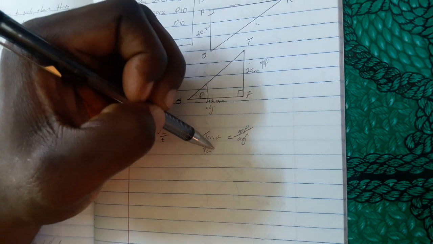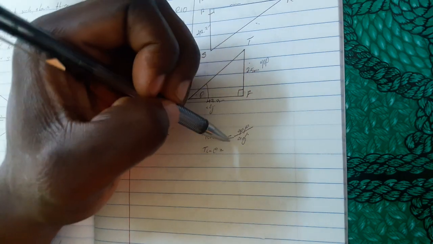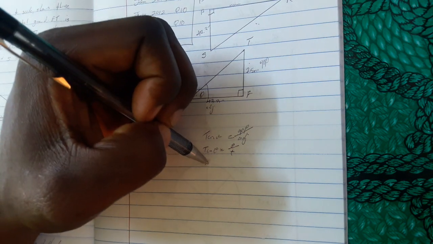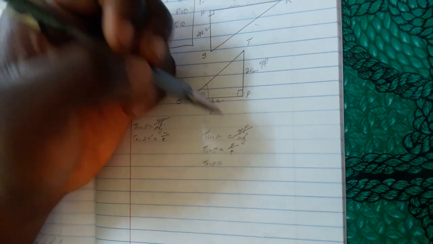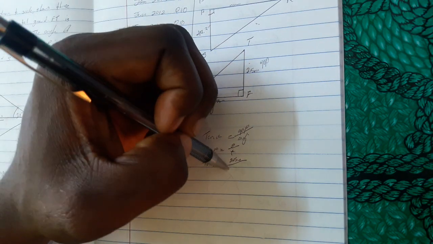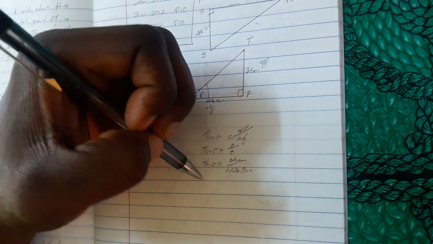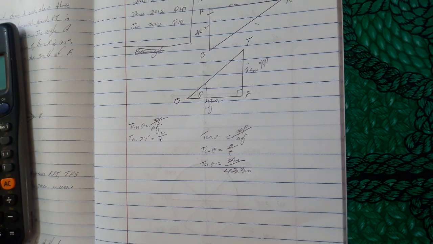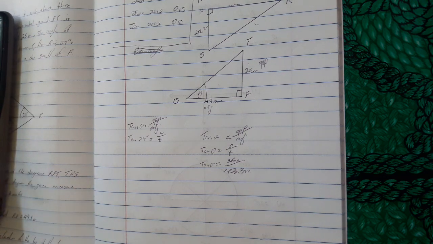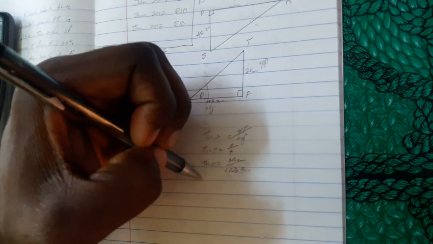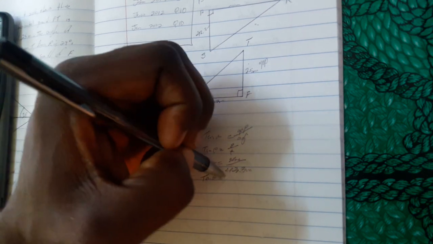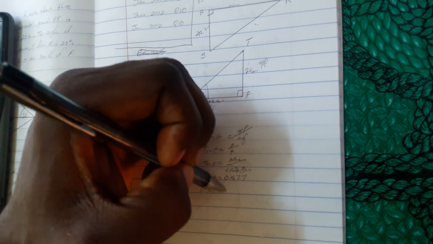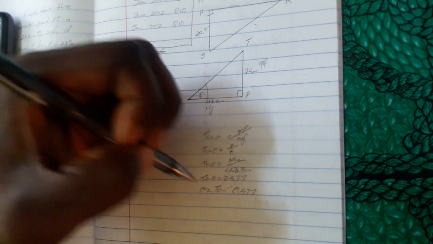So tan theta is equal to 25 meters divided by 43.3 meters. When you divide that, 25 divided by 43.3, we get 0.577. So theta is equal to tan inverse 0.577.